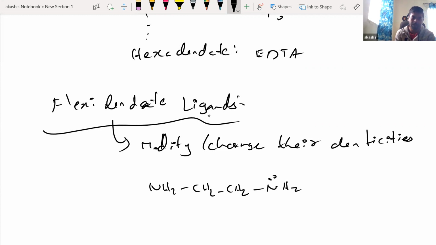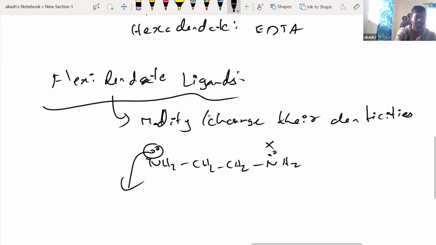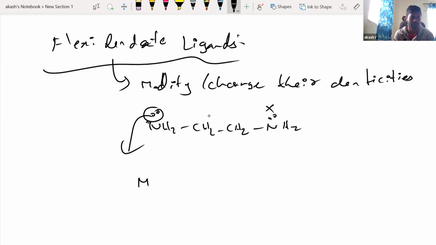Even though I have 2 donor sites, assume that only this one is involved and this one is not involved in the donation. So even though it is a didentate ligand, only one of the sites is involved in the donation. Maybe I can write a proper example also: NH2 CH2 CH2 NH2.